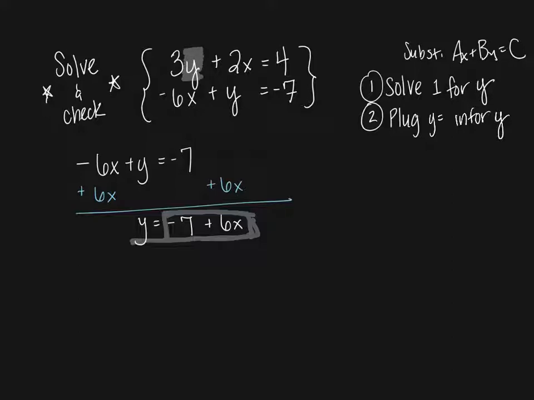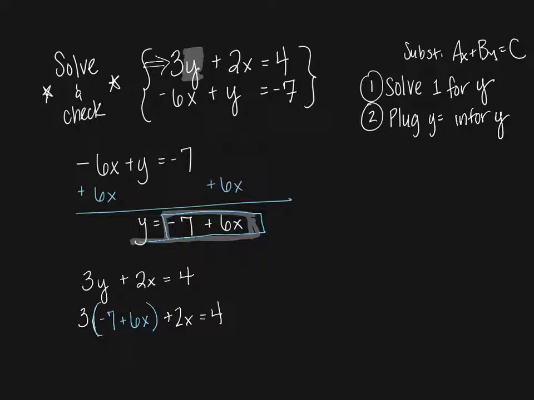It looks something like this. Notice I took this equation up here, equation number 1, rewrote it, and all I did was plug my y value right here, it's equal to y, and plugged it in right here where y is in my original equation. So now everything is in terms of x's.